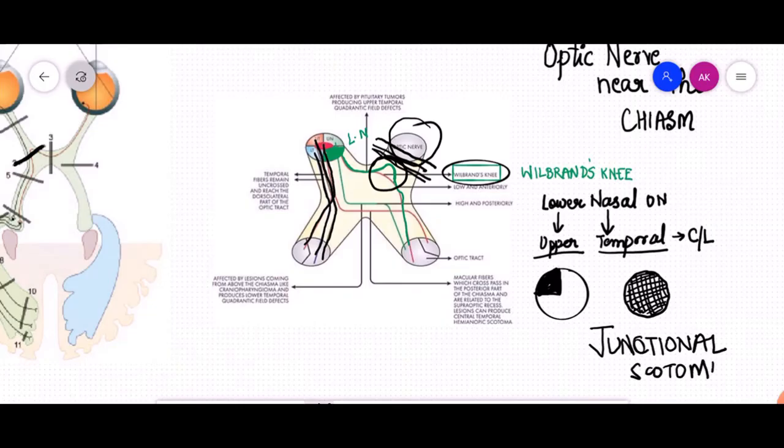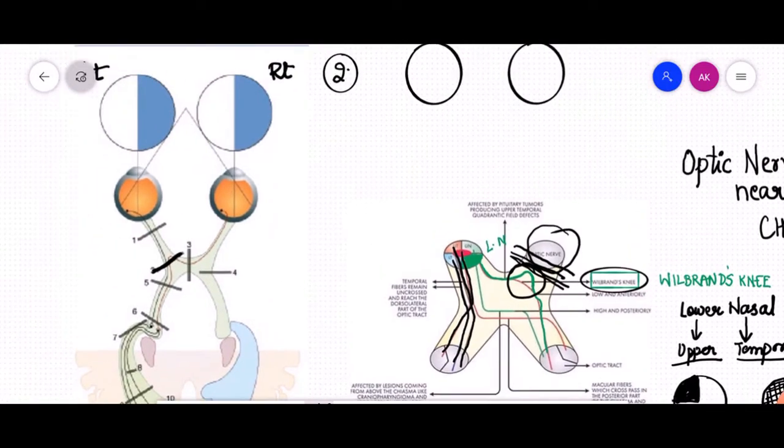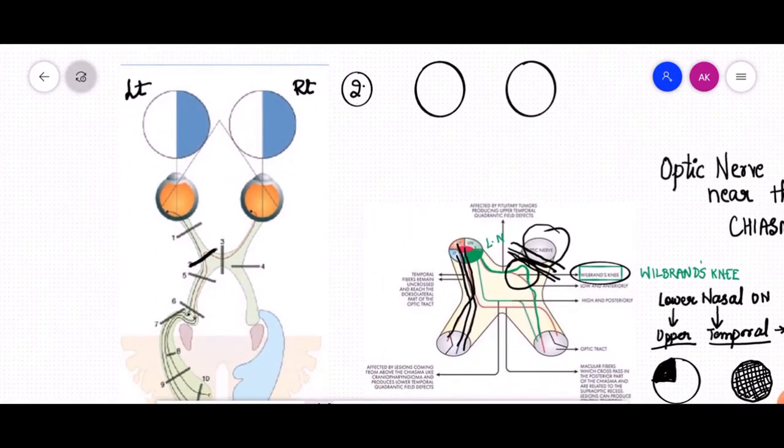So let me explain this to you in this diagram. In this diagram, in the lesion represented by number 2, we can see that the left-sided optic nerve is totally affected. So on the left side, we will see a total field defect. However, on the right side, the lower nasal fibers are coming and crossing, forming Wilbrand's knee in the optic chiasm, and they might also get affected when the lesion is affecting the optic nerve near the optic chiasm.